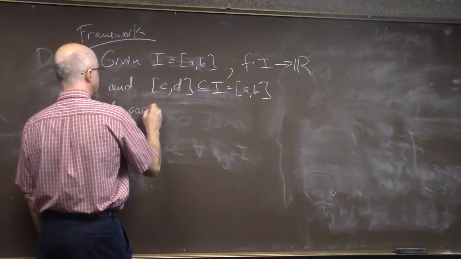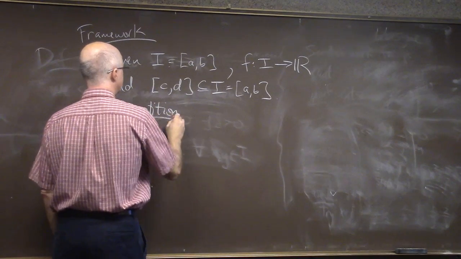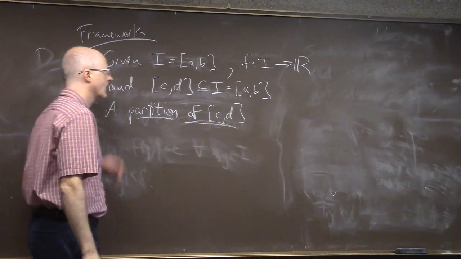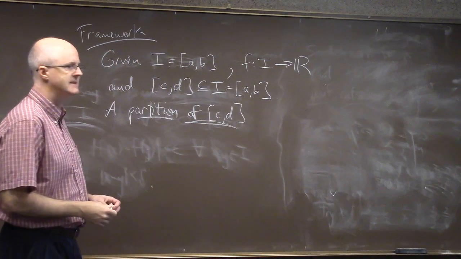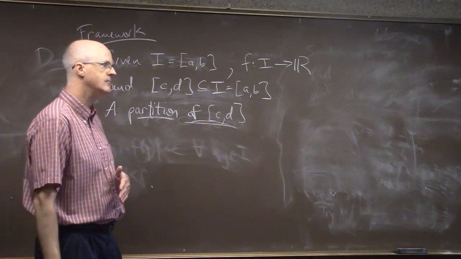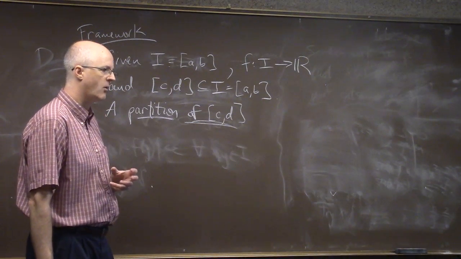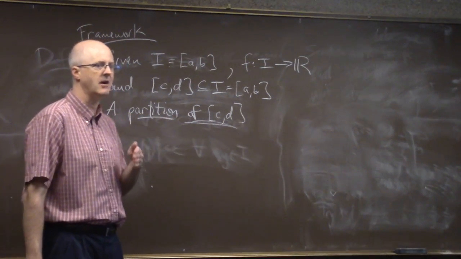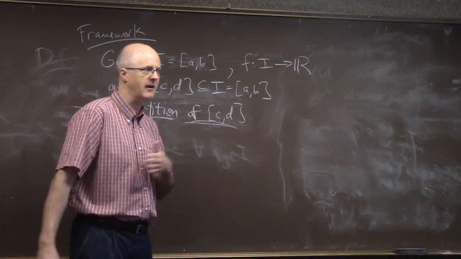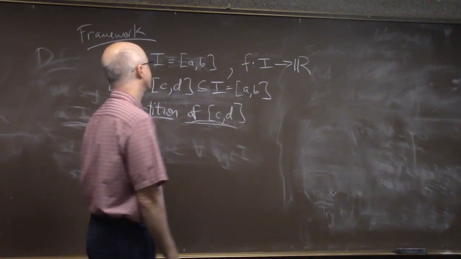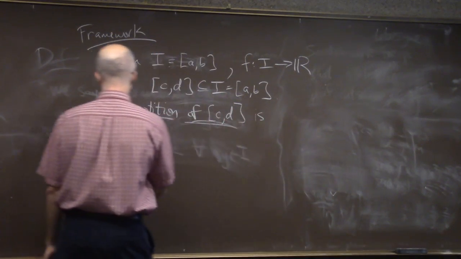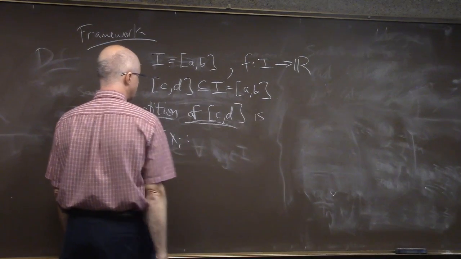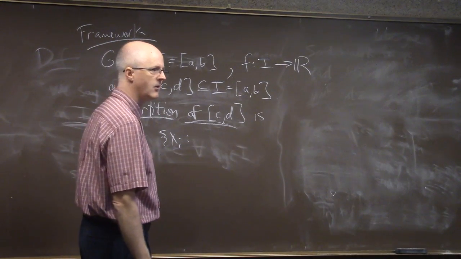A partition of the interval from C to D, our book takes to be a set of points where the first point is the left endpoint C, the last point is the right endpoint D, and all the other points in between, well, they are in between and you list them in order. I use set notation here, so technically speaking, the set notation doesn't imply that they're in order.